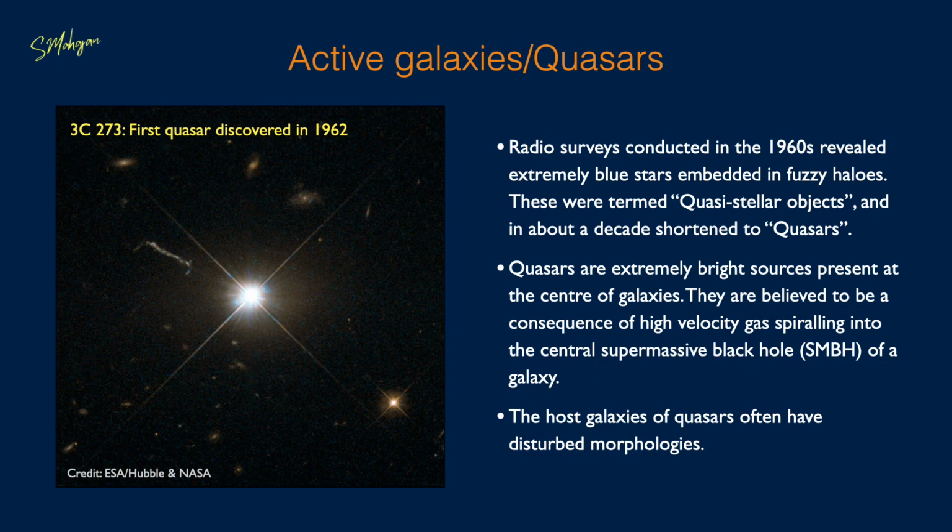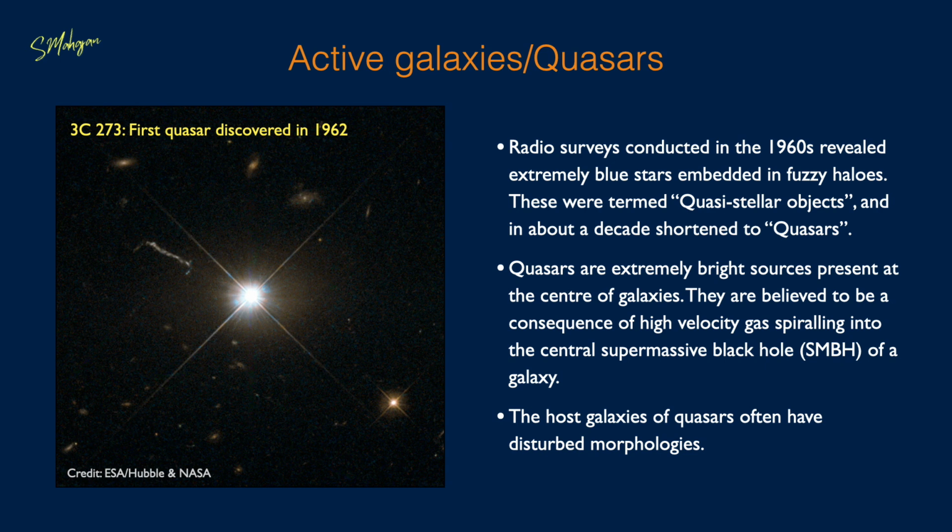AGN, or active galactic nuclei, can be ellipticals or spiral galaxies. A subclass of AGN with extremely luminous centers are known as quasars. As the name suggests, these galaxies host an active and often very bright source at the center.